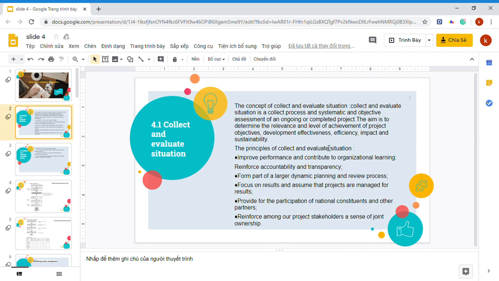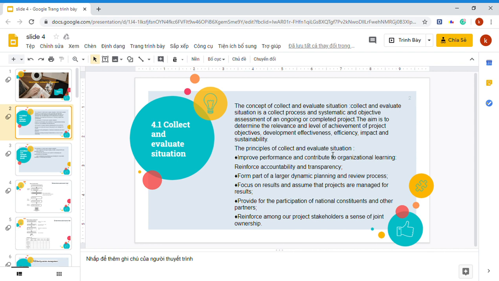The principle of collect and evaluation improves performance and contributes to organizational learning, reinforces accountability and transparency, as part of a larger dynamic planning and review process.